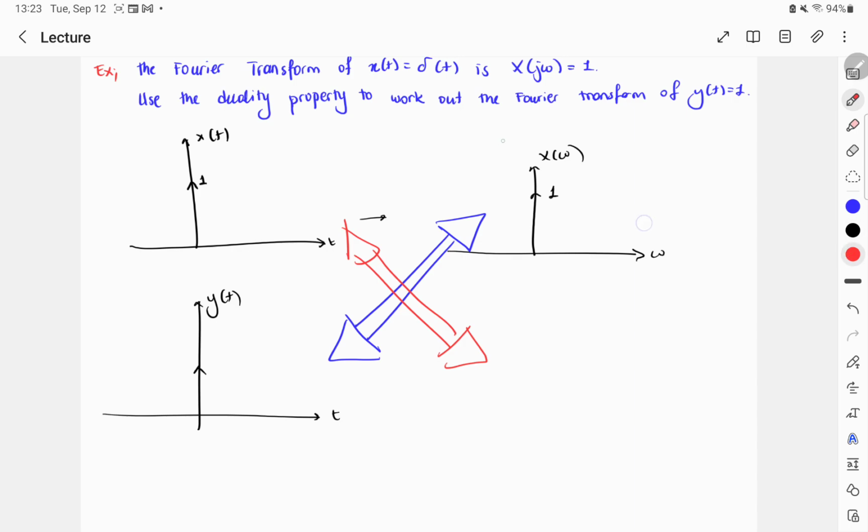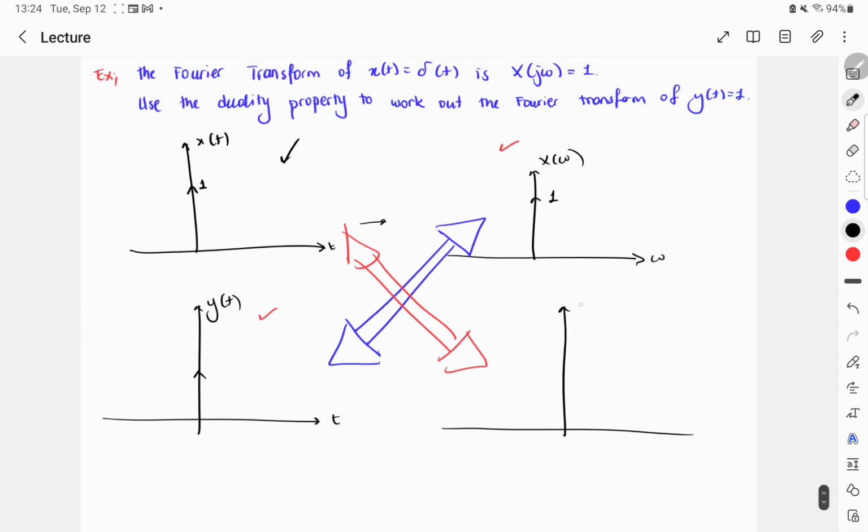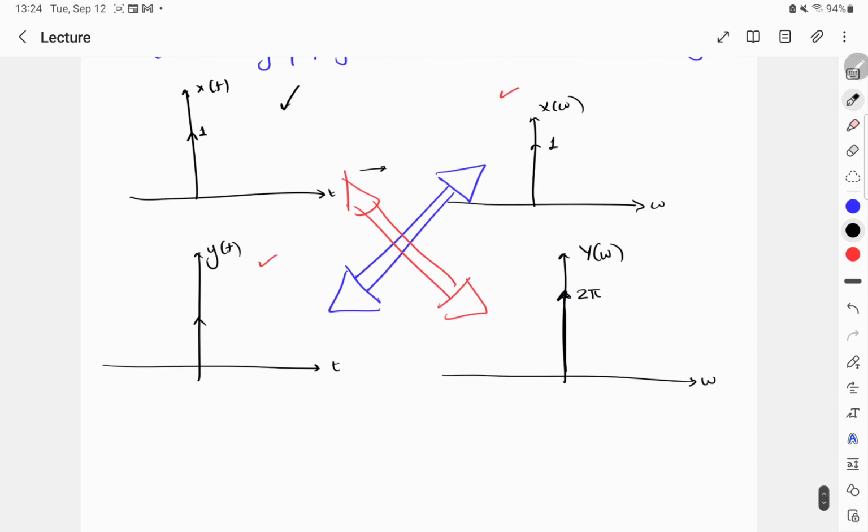Since this one and this one are the same, we just need to multiply this function by 2 pi, and it will give us our answer. So let me write Y of omega in the frequency domain will basically be 2 pi times this impulse, which has an amplitude of 2 pi. So this is the end of our example.